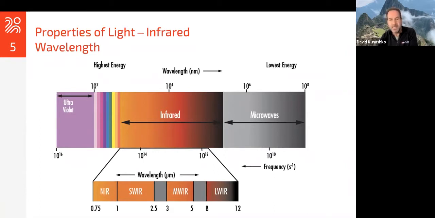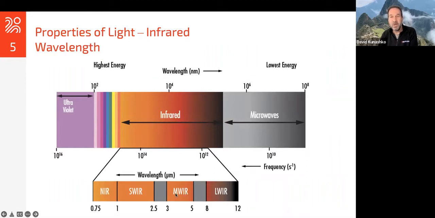Then you can see it starts to get longer and longer and longer. So you're at around 750, then you're into 1,000, 2,500 nanometers. Remember, these are nanometers, and then longer and longer. So they've broken it down into near infrared, short, medium, and long infrared bandwidth, you might say, or spectral width.